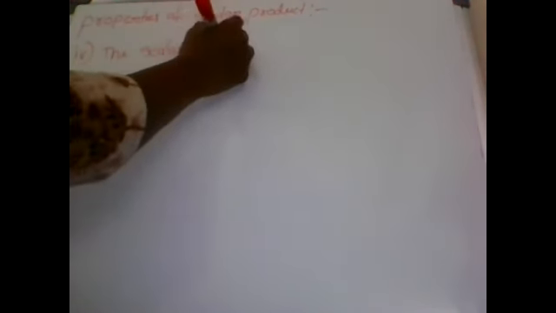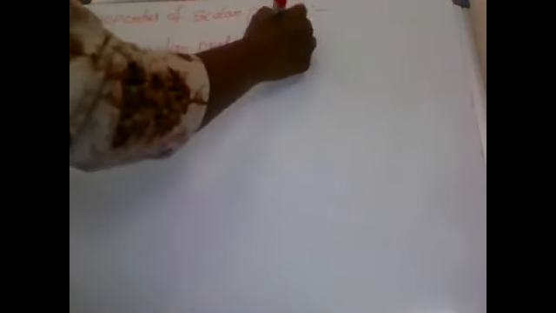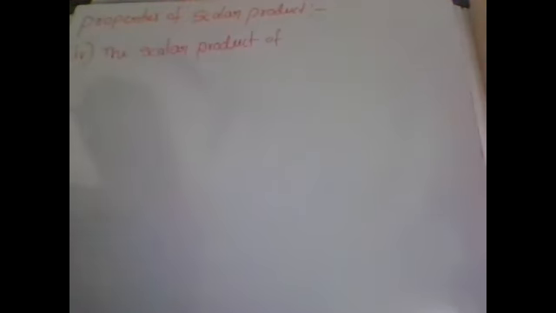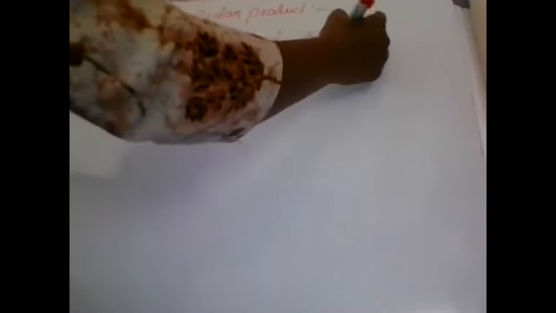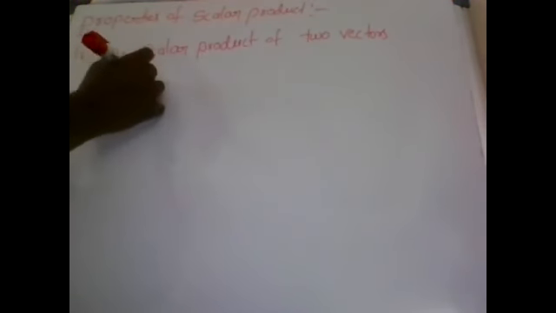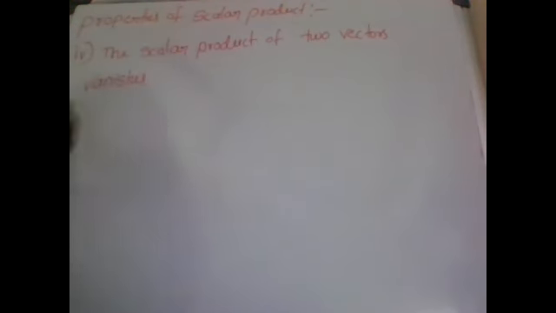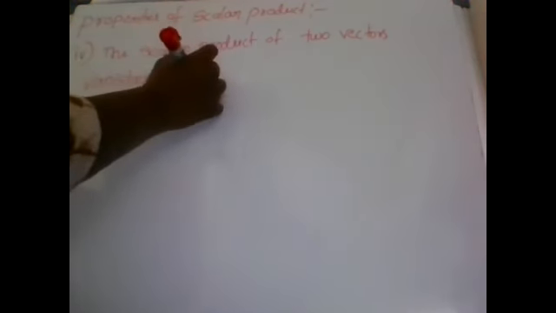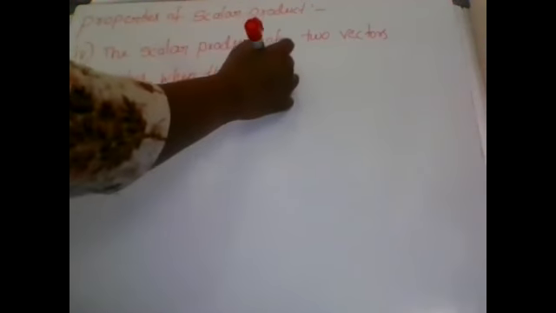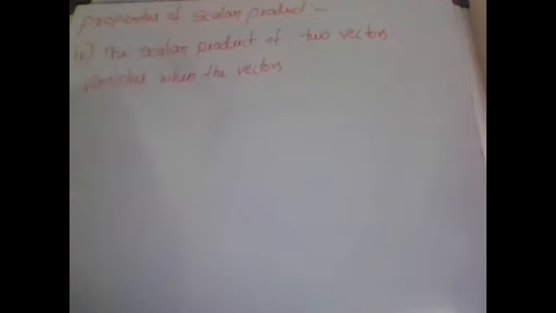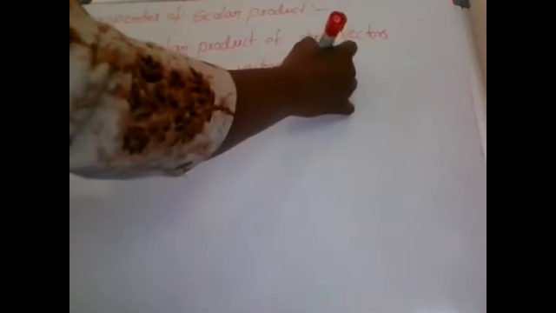the scalar product of two vectors vanishes when the vectors are at right angles.